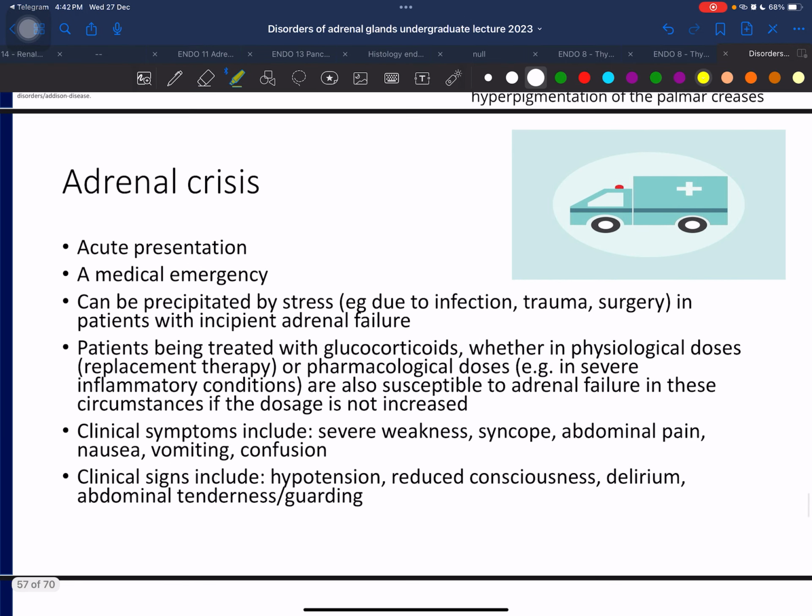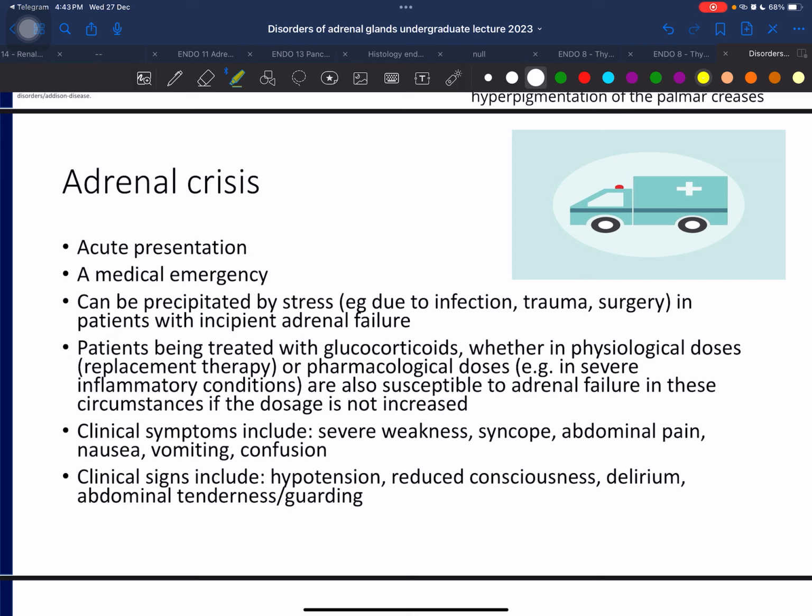Okay. Now, adrenal crisis is an acute presentation. It's a medical emergency. It can be precipitated by stress. Okay, so patients being treated with glucocorticoids, whether it's in a small physiological dose or a pharmacological dose, are also susceptible to adrenal failure if the dosage is not increased.